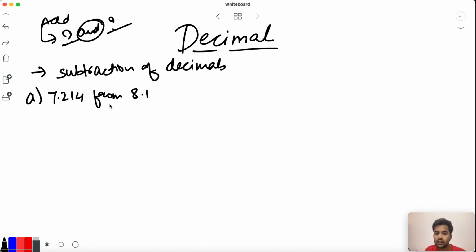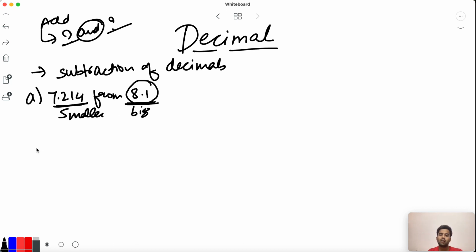From stands for subtraction. So from means that every time this side number will be the bigger one, and this side number is the smaller one. Just keep in mind, whatever number is on this side, that is the big number, and this side will be the small one.